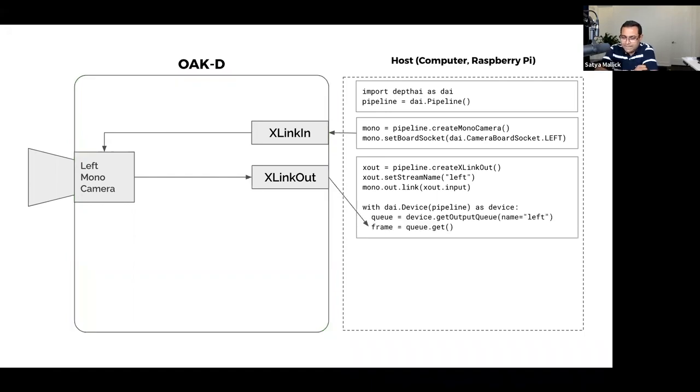The second thing to note is that this output, Xlink out, is implemented as a queue. It is not a single output. The reason to do this is that many applications may need the last few frames, or the last few outputs, to perform the task. An example would be, suppose you want to do video encoding, which OAK-D can do on the device itself.